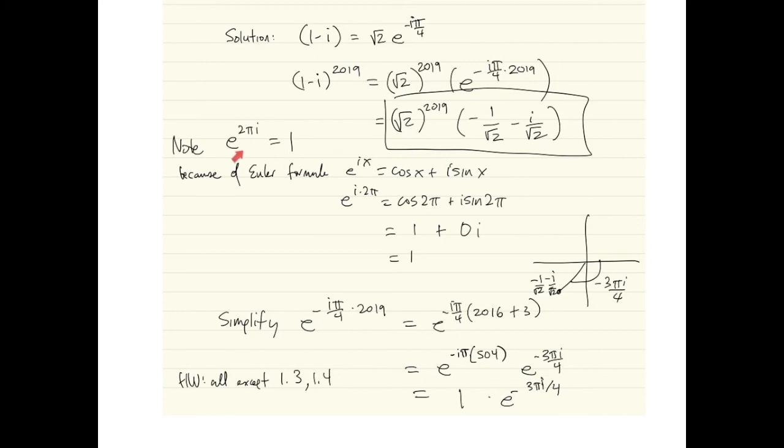That's this idea here. e to the 2 pi i equals 1, and so this e to some even number is equal to 1, and then we're just left with this thing here. And then when we look on the unit circle, where does 3 pi i over 4 land? That lands out here at this point, negative 1 over root 2 minus i over root 2. I went over this a little bit fast, so I apologize if it's not entirely clear. If you don't understand this last part, it's my fault, and I'll do an example in the next video.